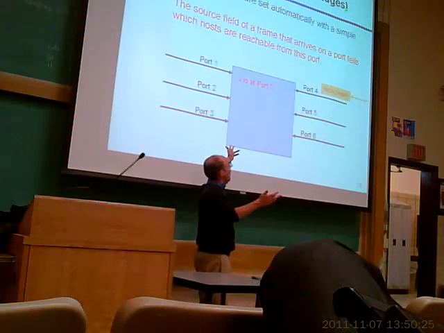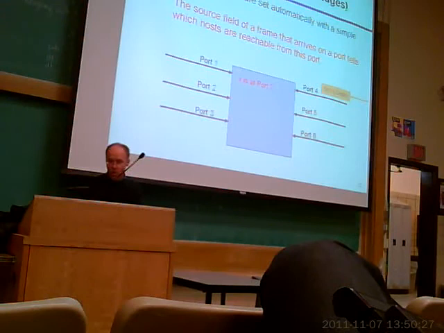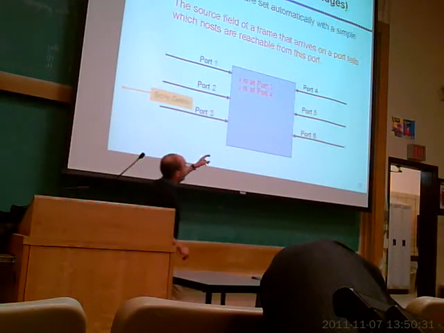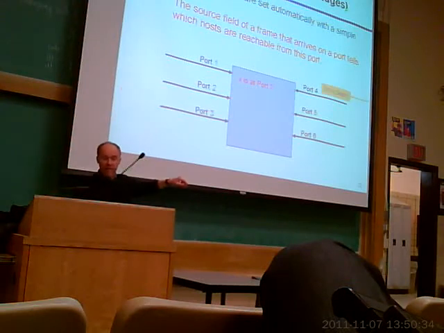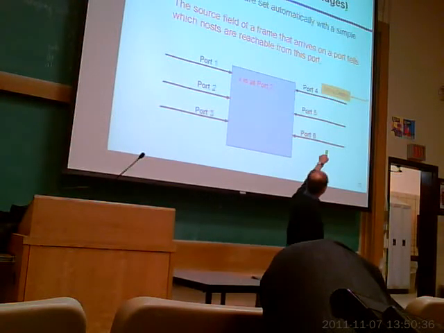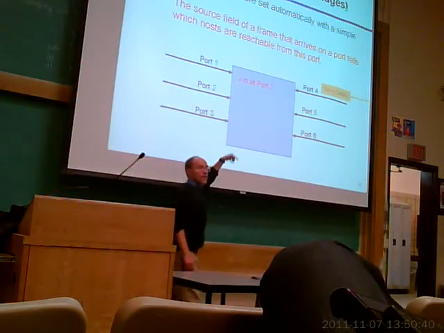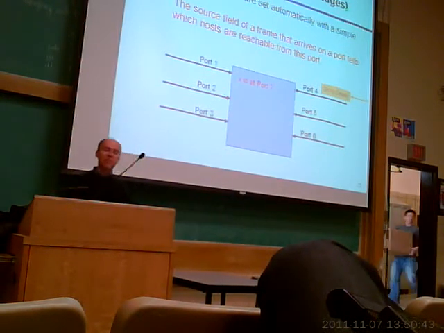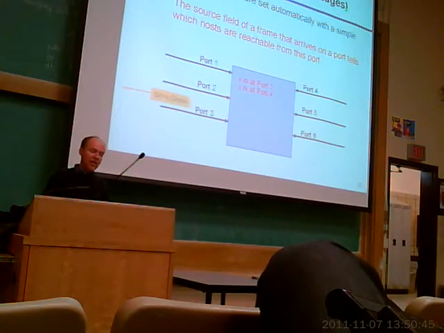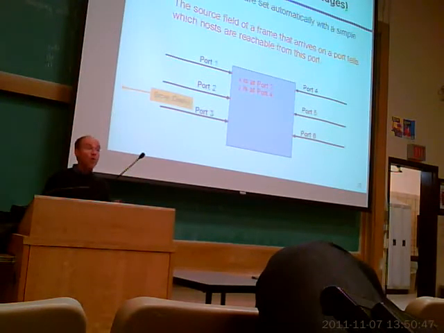And there's no more broadcasting, because for the destination X it already has a forwarding entry. It has already learned something. So that's how it goes: it sends it out, no broadcast.